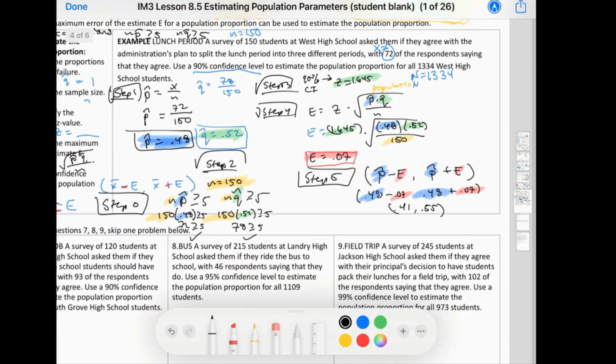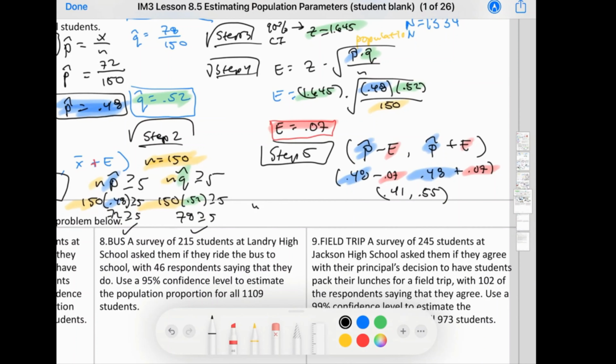So, my sentence, this sentence is shorter, and feel free to use it again. With what percent confidence? 90% confidence.